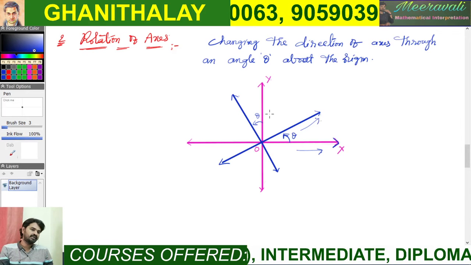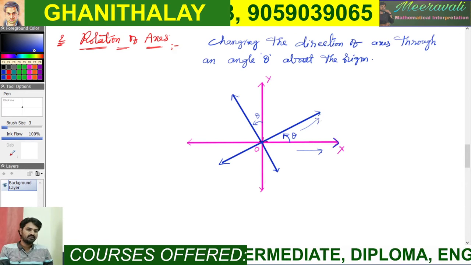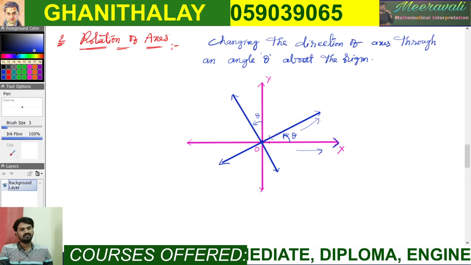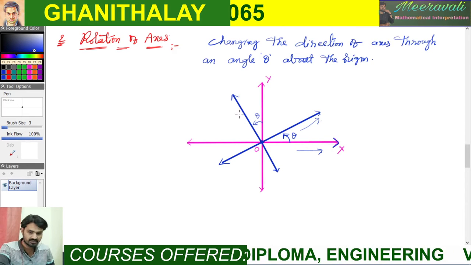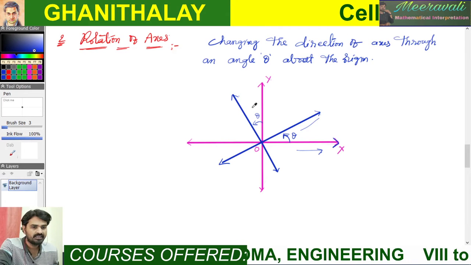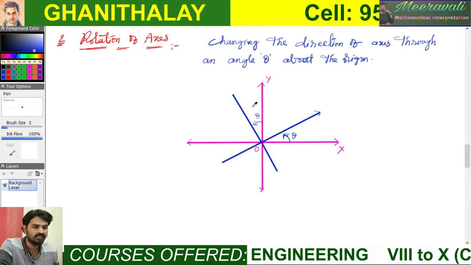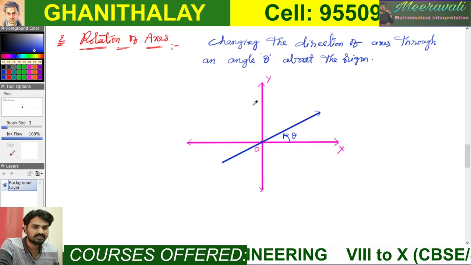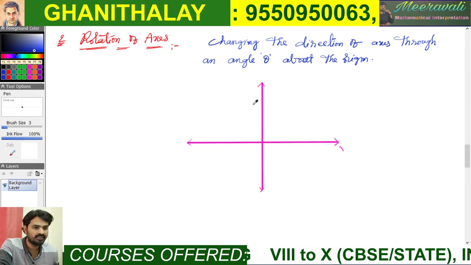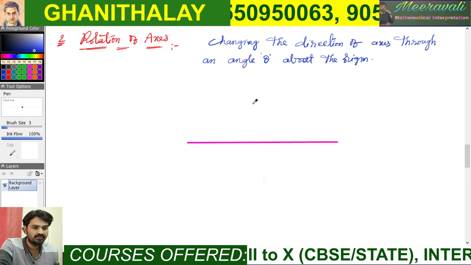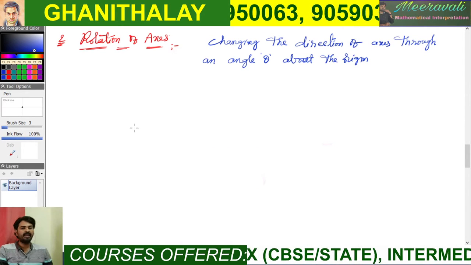So the direction has changed but the origin is not changed. Such a type of transformation is called rotation of axis. In this one you have to remember that when the axes are rotated through an angle, there will be an angle of rotation.